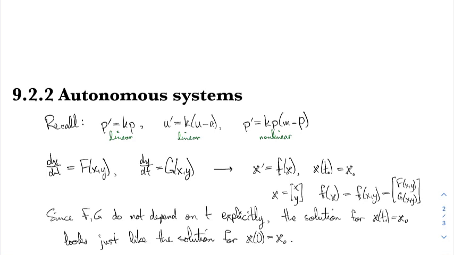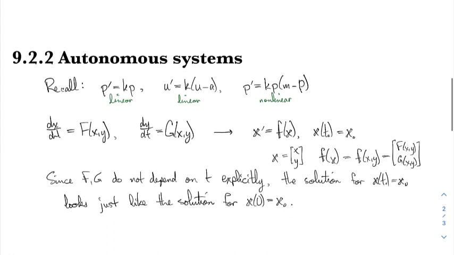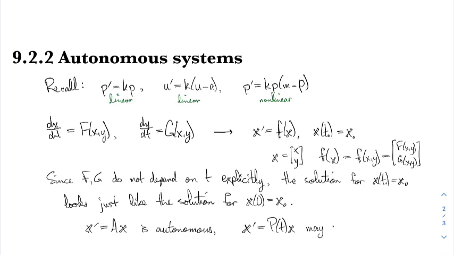Okay, so to relate this to what we were looking at before, if we are looking at these matrix systems, then this one's going to be autonomous. When the matrix is allowed to depend on t, however, it might not be.